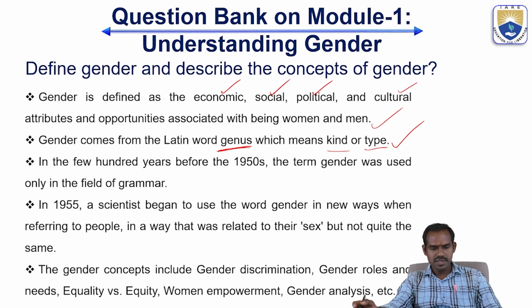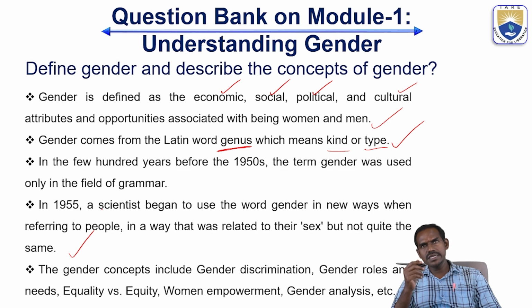In 1955, a scientist began to use the word gender in new ways when referring to people, in a way that was related to their sex, but not quite the same. Like masculine for man and feminine for woman.